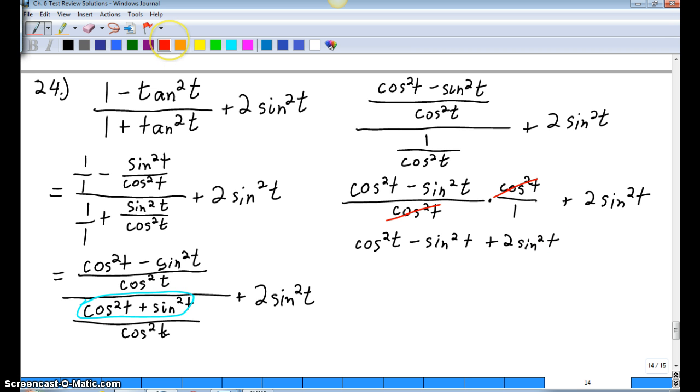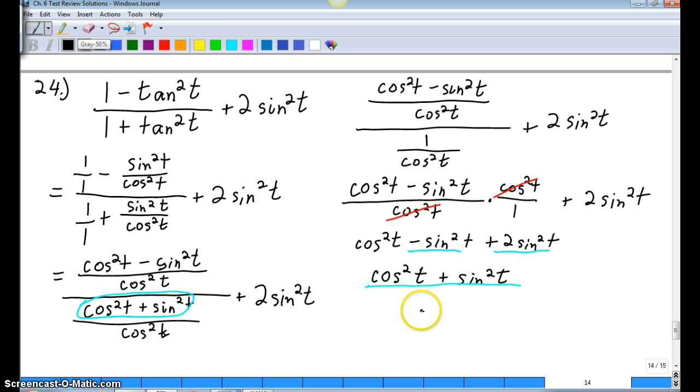And if you look at it, negative sine squared plus 2 sine squared gives us just 1 sine squared. So we're left with cosine squared t plus sine squared t, and we are back again to the Pythagorean identity.